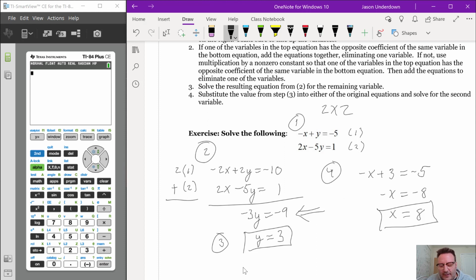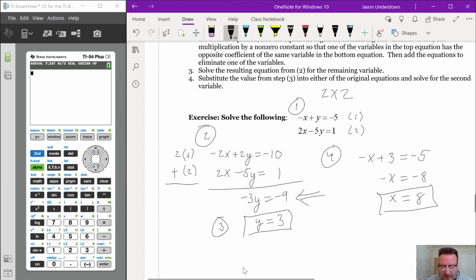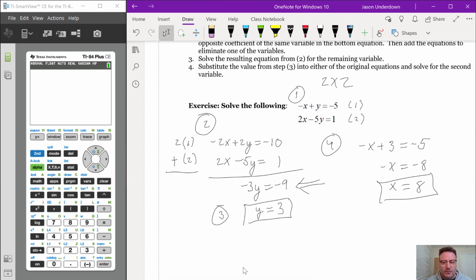In fact, Google pioneered how to solve billion by billion systems and beyond even. So it's very important and has lots of uses, and the elimination method is really what we're going to use to ramp up, and we'll see that in the next section.